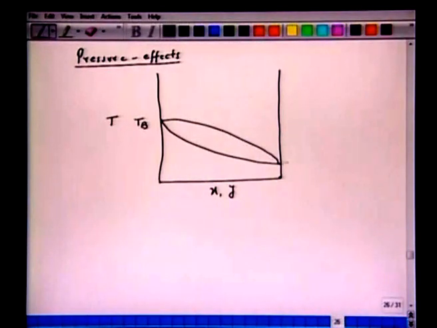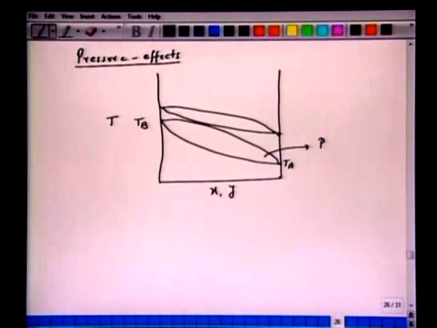So we have Tb, Ta, and these correspond to some pressure P here. Now if we increase the pressure, you will expect that we have a new Txy diagram, which will be slightly more compact. In other words, the separation between the two phases has become smaller.